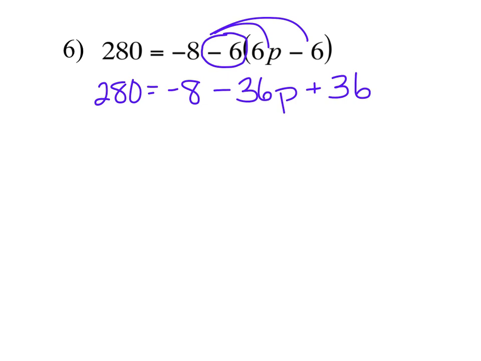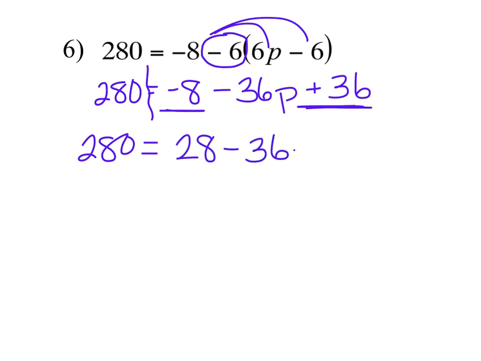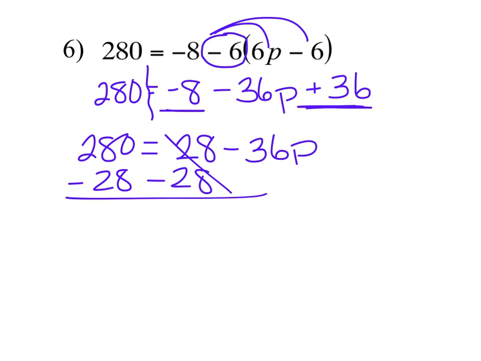Okay. So combine like terms on this side of the equal sign. This one and this one are like terms. So 36 plus a -8, I guess would be 28. Move your numbers first. Subtract 28. So, don't have a calculator on me.